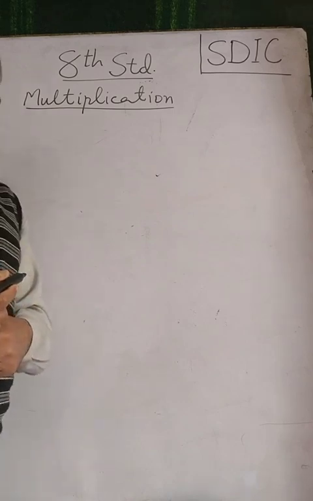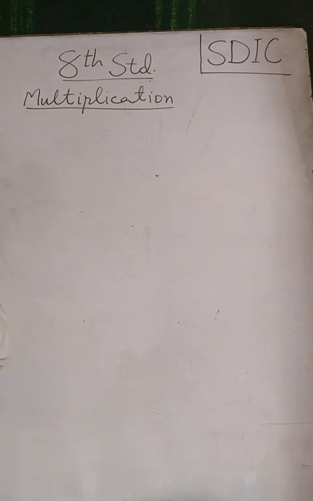Now, there is no such restriction in case of multiplication and division. You can multiply any polynomial by any polynomial, whether those are like terms or unlike terms. You can multiply them. So there is no such restriction. Now, while multiplying, what we need to take care of, what we have to multiply, how we have to multiply.